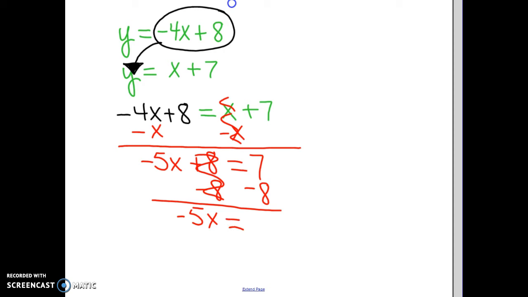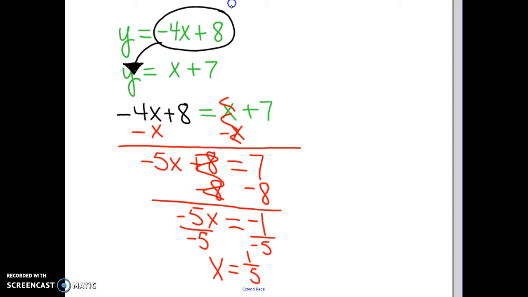Keeping the equal sign, 7 minus 8 is negative 1. And I'm going to undo the multiplication of negative 5x using division, dividing both sides of those equations by negative 5. And x is therefore equal to a positive 1 over 5, keeping my solution as a fraction.